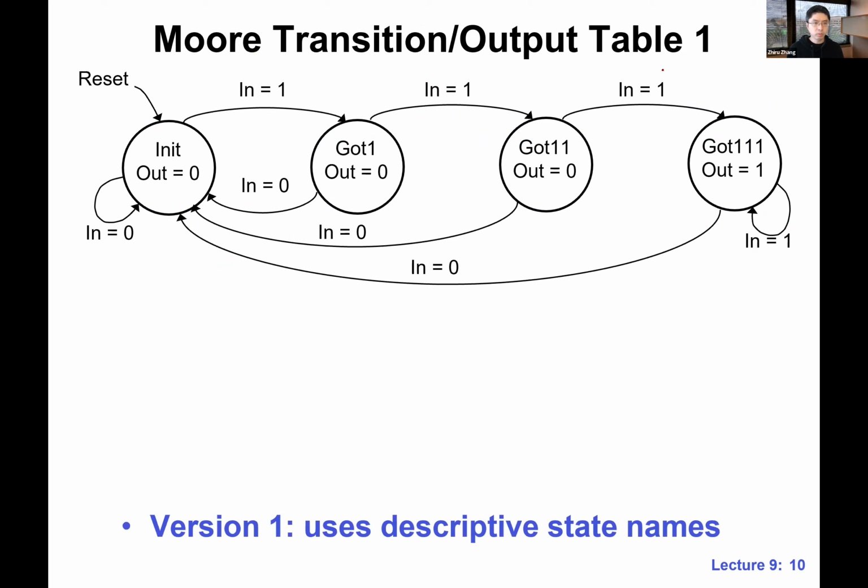Given this Moore diagram, again, this is a 1-1-1 pattern detector, we want to create a table. Basically, we want to know the correspondence between the outputs and the inputs. So what are the outputs in this truth table? Of course, we have the regular outputs from the circuit.